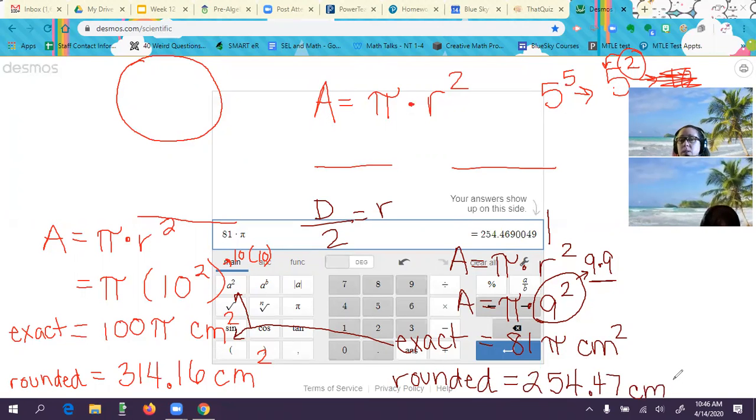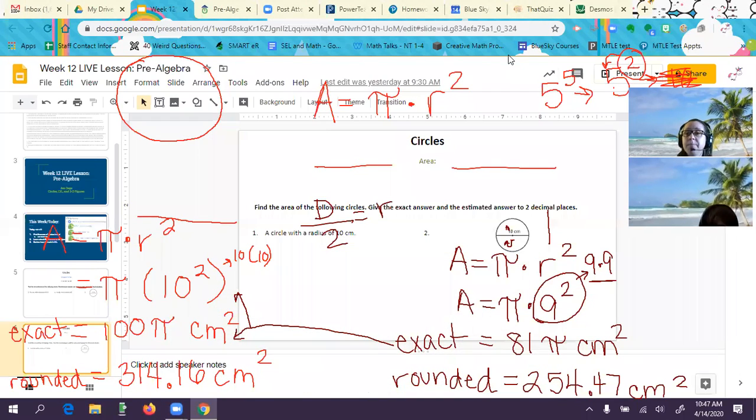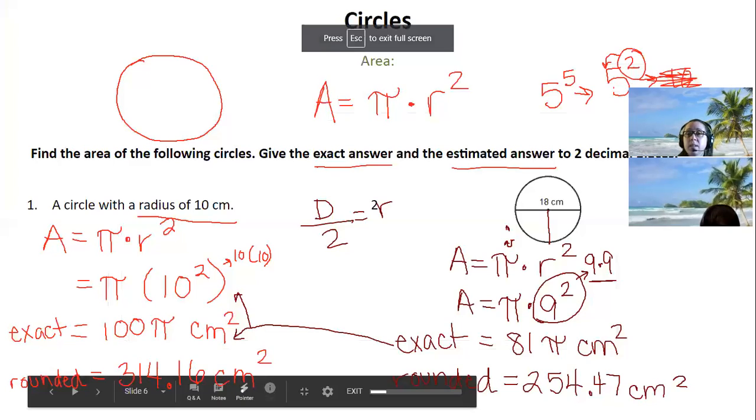Centimeters squared. The reason it's 47 is because that 6 is where we want our last spot to be, and the 9 next to it makes it bump up to a 7. Good stuff, friends.